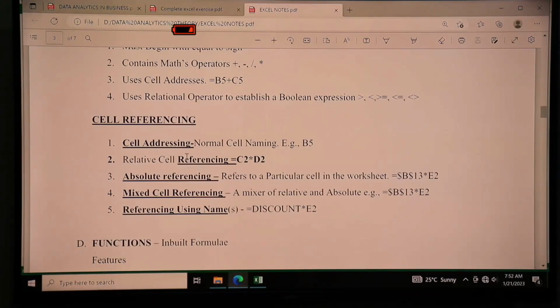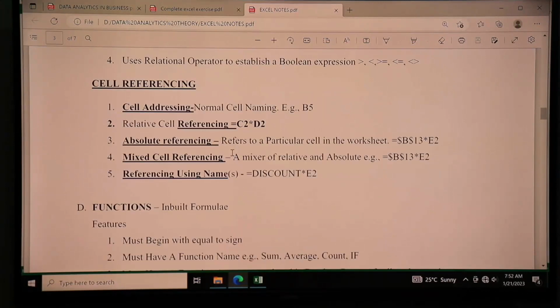The second method of referencing is relative referencing. And this is a situation whereby the formula refers to cells based on the position of that formula in the worksheet. And this is something that you use every now and then.